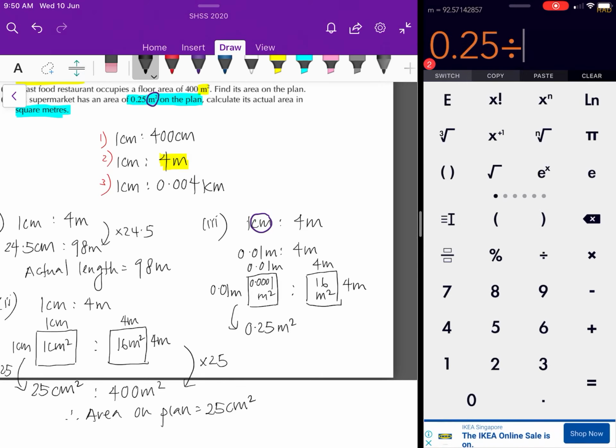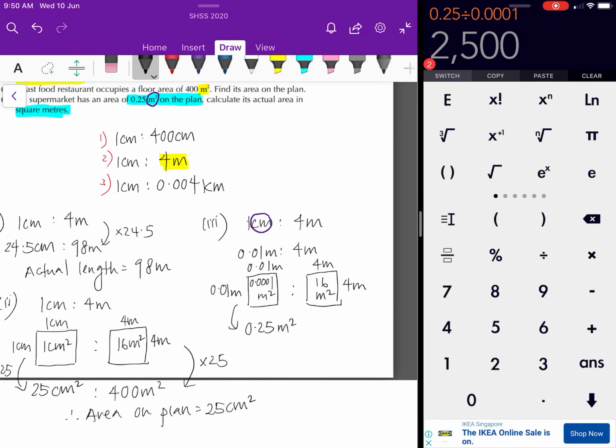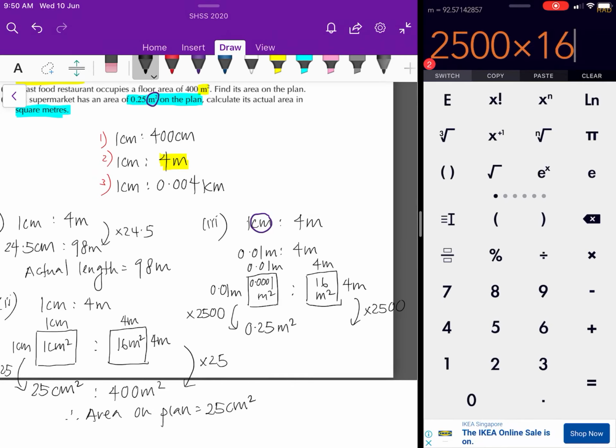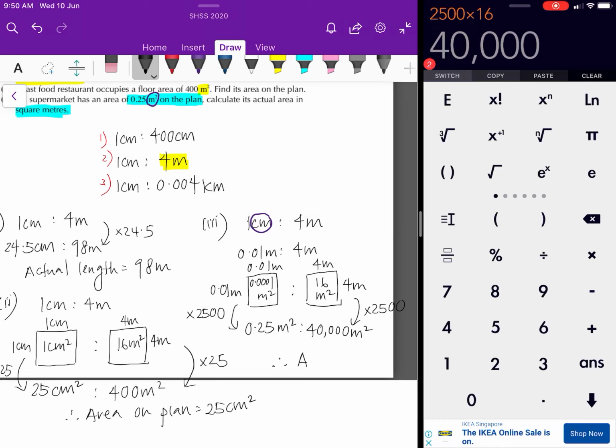Just take 0.25 divided by 0.0001. You get 2,500. So on the other side, you also need to multiply by 2,500. So 2,500 multiplied by 16, you get 40,000 meters square. So therefore, your actual area is 40,000 meters square.